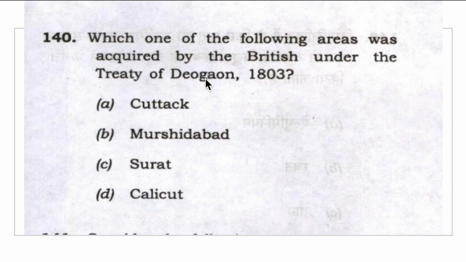Between them and the British, this treaty of Deogaon was made in 1803, and under this treaty, the British acquired Cuttack, Balasore, and the area west of the Varda River. So only Cuttack is given. So option A is the correct answer.